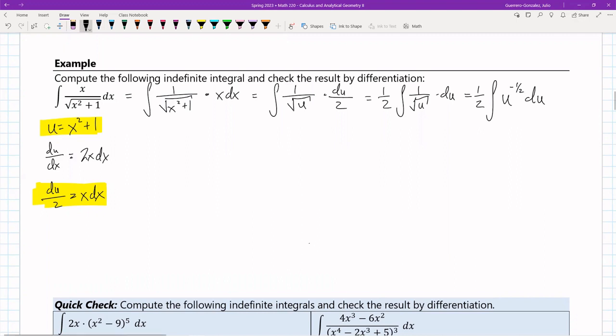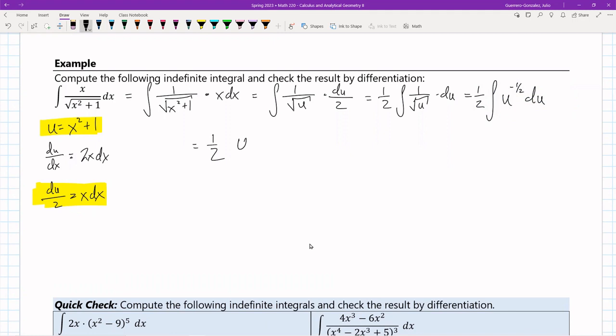Now this right here is a much simpler integral to handle. We can use the exponent rule for integration, where we add 1 to the exponent and divide by the added 1, right? So that means this is now equal to 1/2 the integral of u to the negative 1/2. So it's going to be negative 1/2 plus 1 gives us a half.